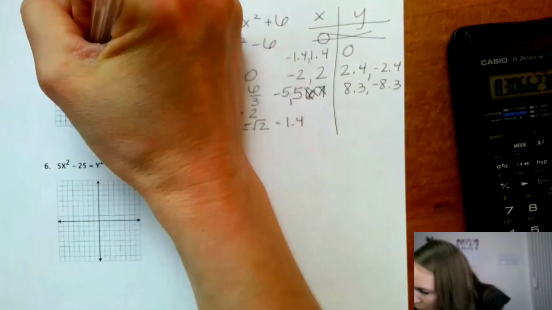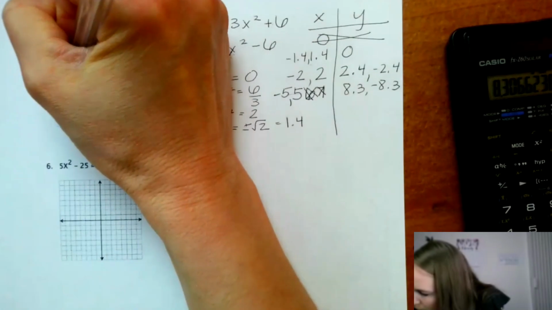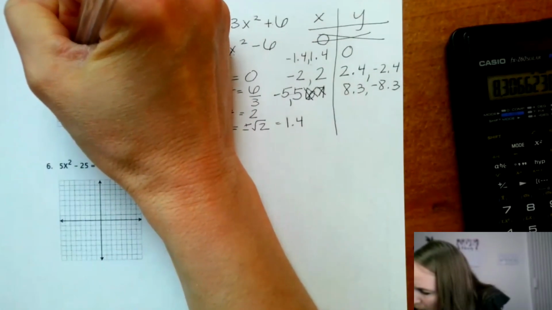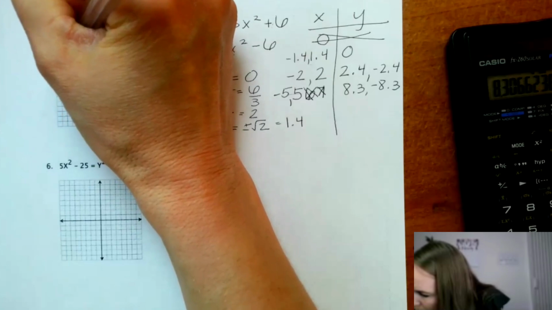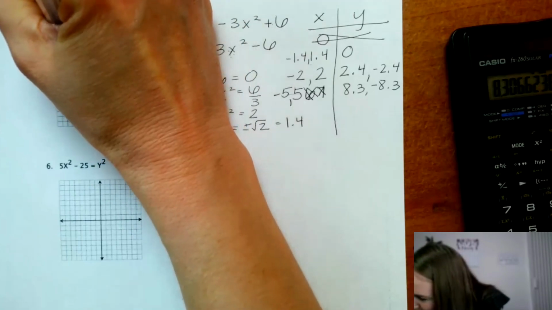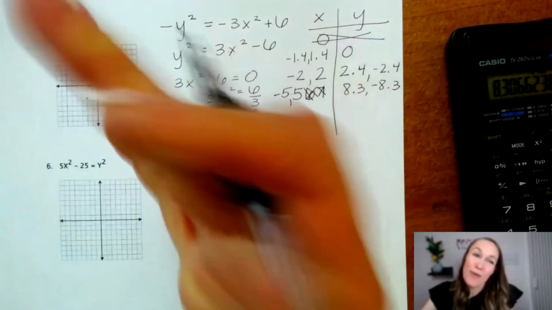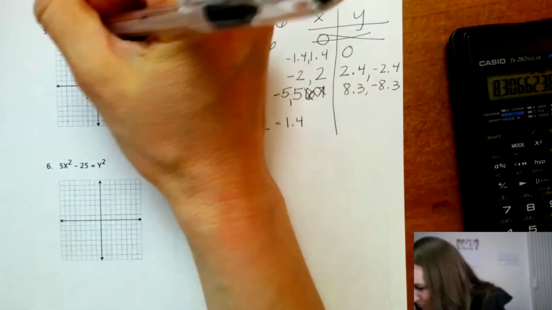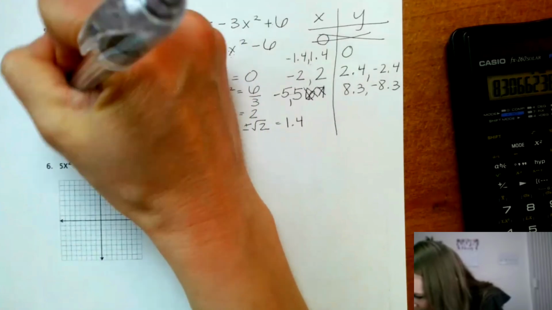Negative 5, 8 and a little off, because it's not 8, it's 8 point something, 8.3-ish. And again, we're just estimating here.